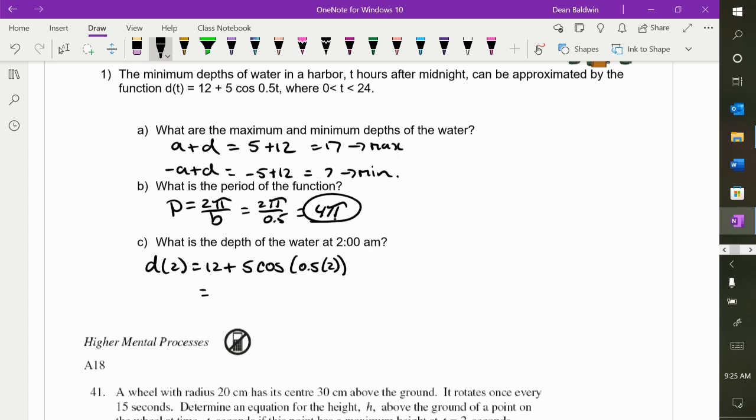If you want to use degrees on your calculator, you'd have to convert 1 rad to degrees, and then you can do it. Right? What did we get? 14.7 meters.